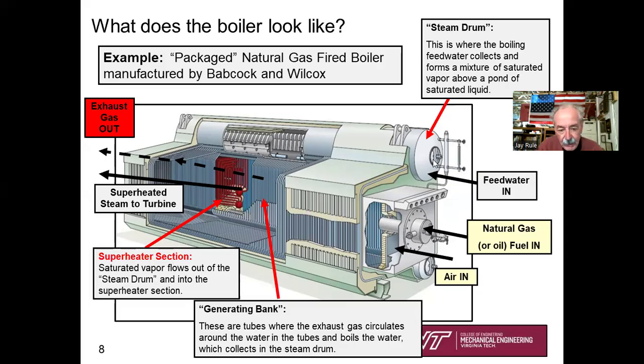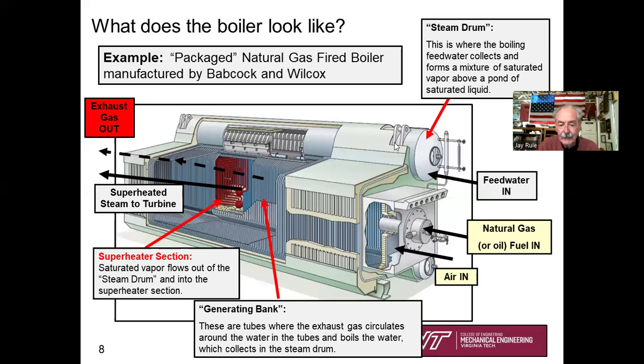And that's why we have this long cylindrical thing here called a steam drum, because as the water circulates around and around and becomes saturated vapor, because of gravity, it rises to its highest level, and the saturated vapor is collected in this steam drum up high with the saturated liquid below. So there'll be some level in this steam drum where you can actually see with a sight glass where the saturated vapor and saturated liquid are. You can see it with your eyes.